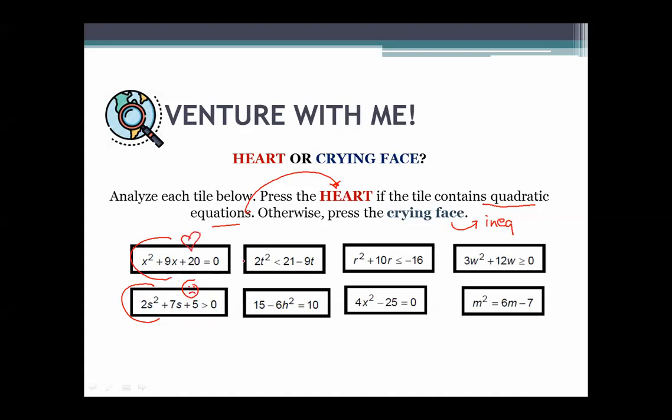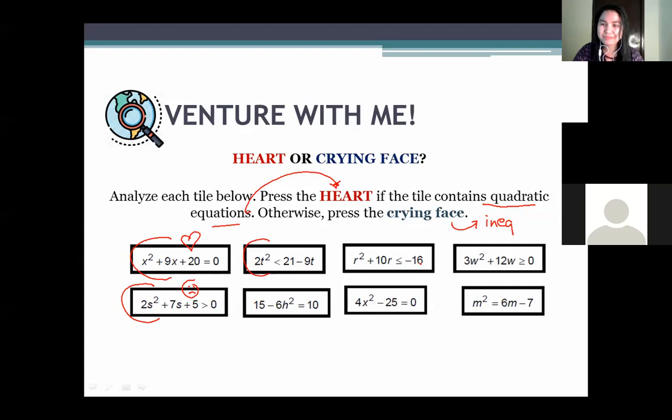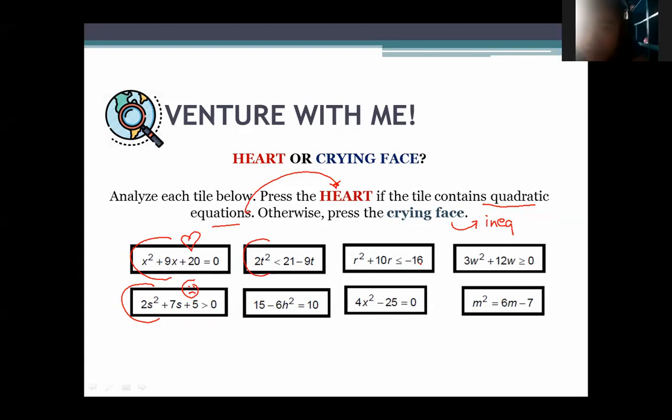Next, number 3. Heart or crying face? Let me check. Actually, the answer is it's a crying face. Very good. Next, number 4. 15 minus 6h squared equals 10.